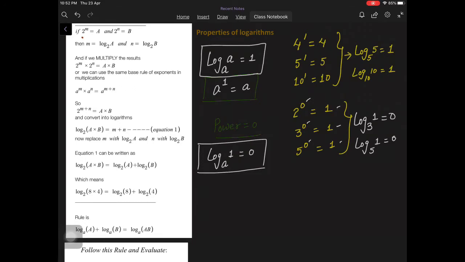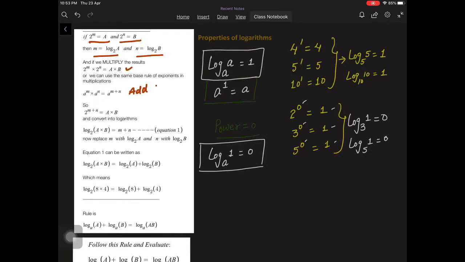If the powers are different, the results will be different, no matter the base is the same. Rewrite them into log. So you can see m is log base 2 of a and n is log base 2 of b. Multiply them. 2 power m times 2 power n is a times b. Now you know when you multiply, you add the exponents.